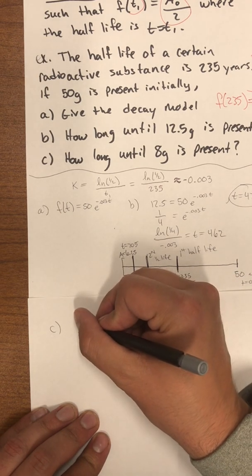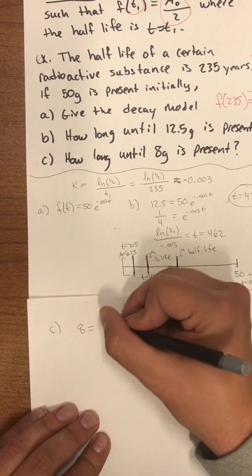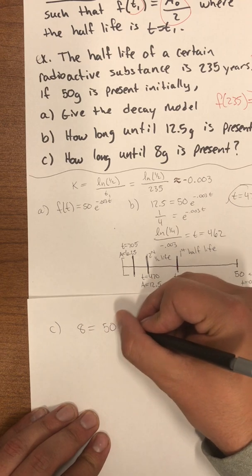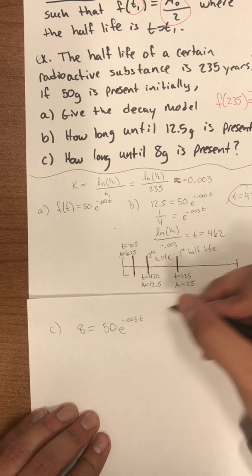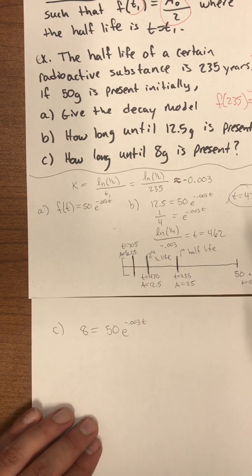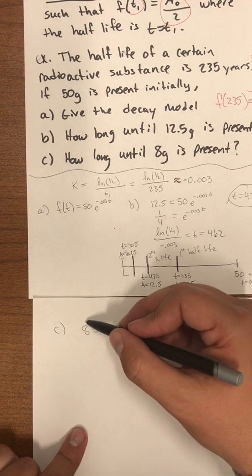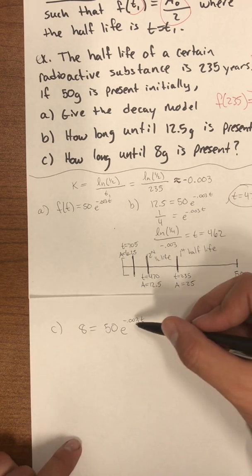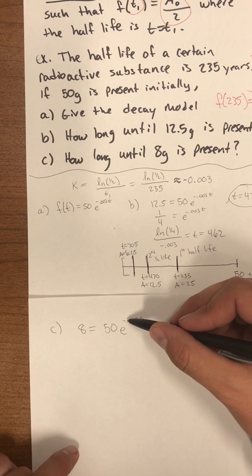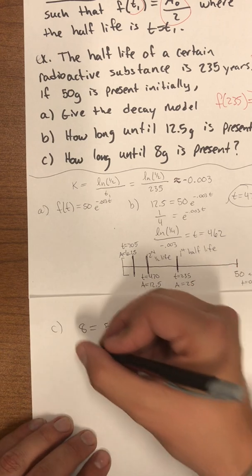So we set 8 equal to 50 e to the negative 0.003 t. So we're answering the question, how long until 8 grams are present? So we want the output of 8. Here's the initial amount. We know the exponential constant is approximately negative 0.003, but we don't know the time.